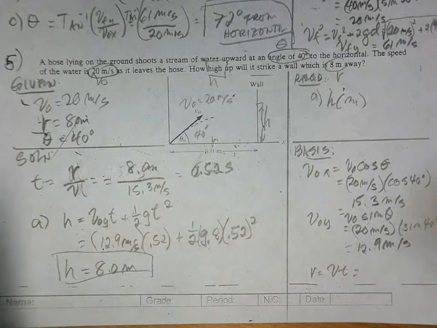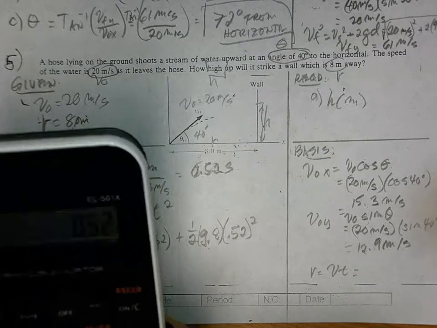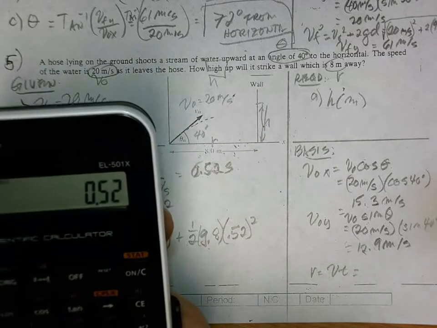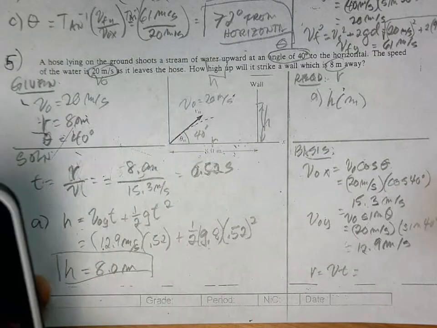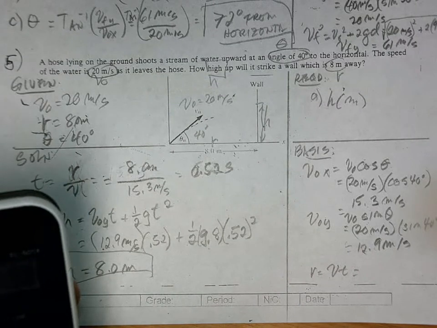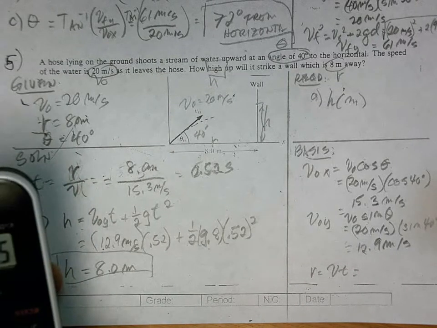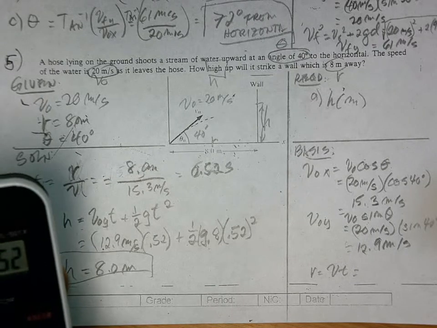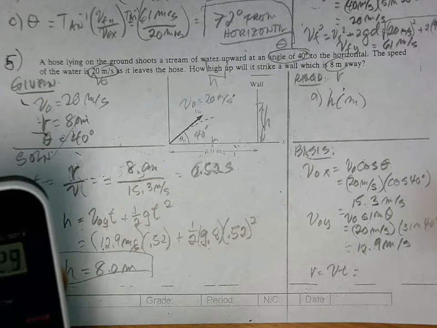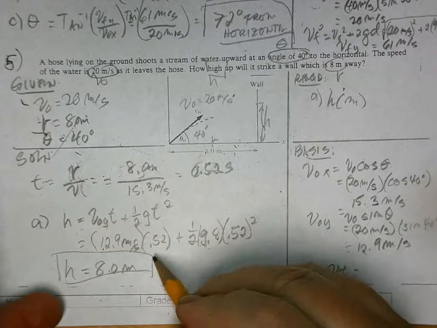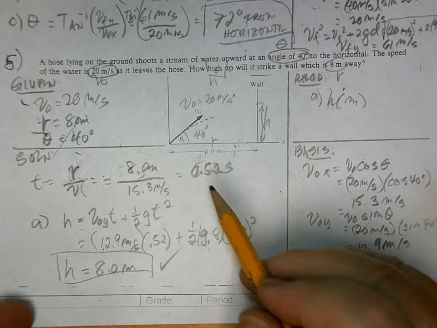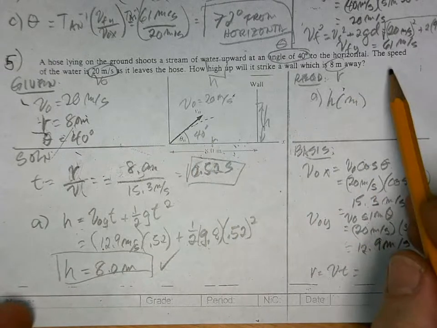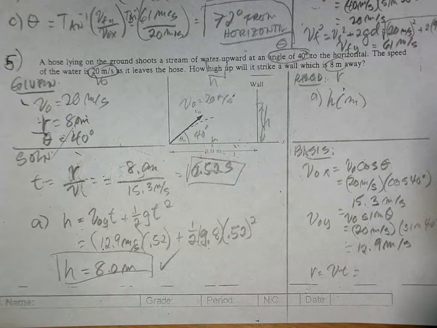Let's see if we have to check that, right? So 0.25 times 9.8 times 0.5 plus 0.25, 12.9. That's correct. Hopefully. Okay, and that's the only thing we're looking for? Yep. Okay.